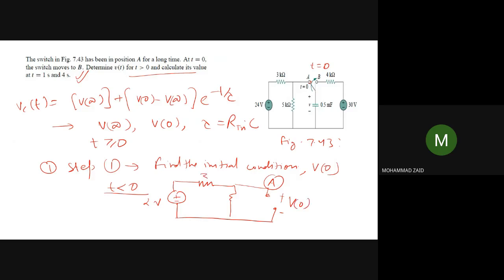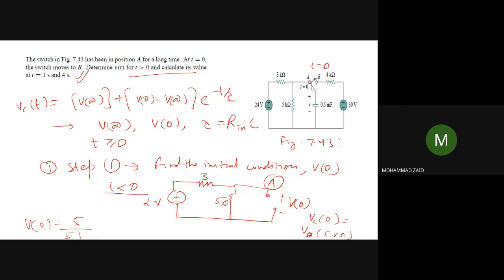So this is 3 and this is 5. The initial condition V0 we can find quickly by 5 divided by 5 plus 3. Obviously, the capacitor is now in parallel with this 5 kilo ohm resistance, so VC(0) will be equal to the voltage across the 5 kilo ohm resistance.